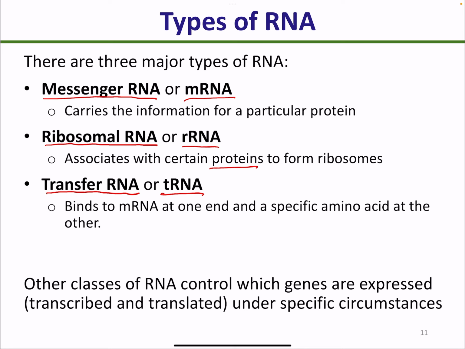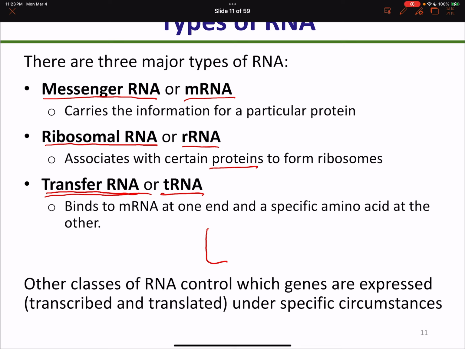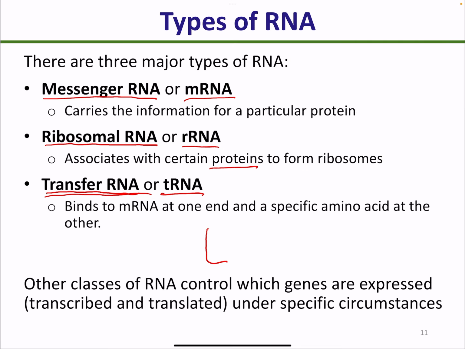So a transfer RNA is characterized by the fact that you have, let me just draw something like this, one end here where we have an amino acid carried by the tail.